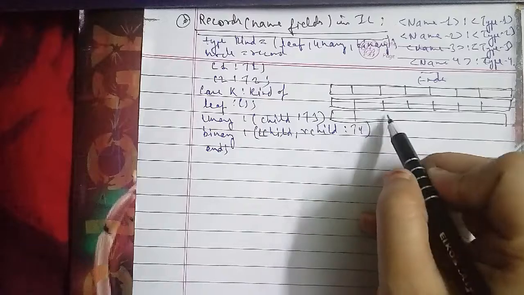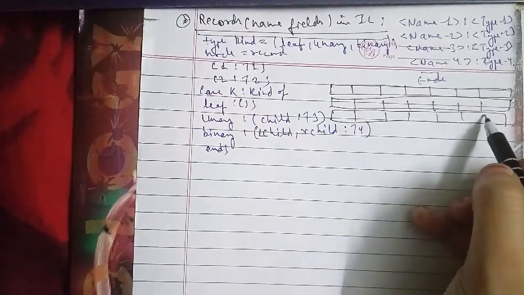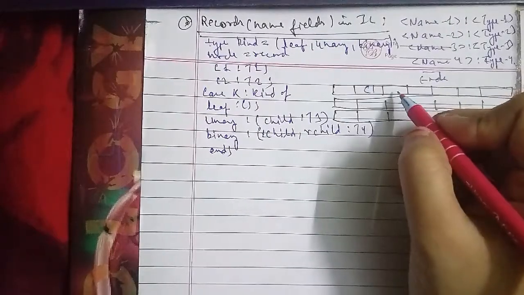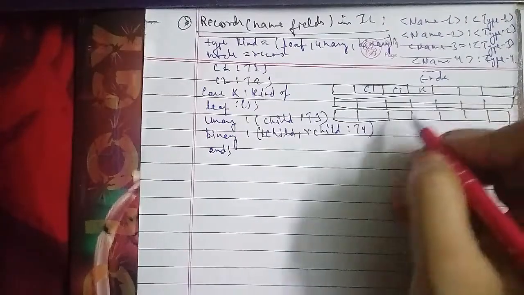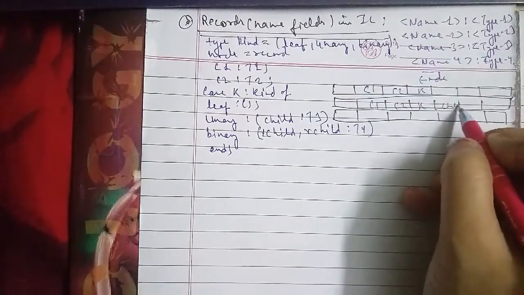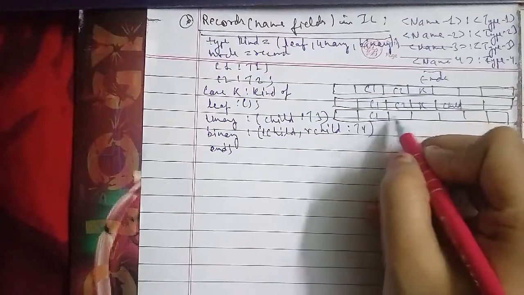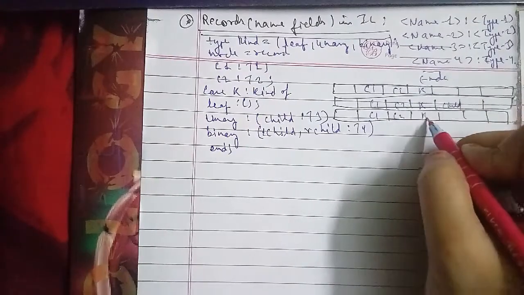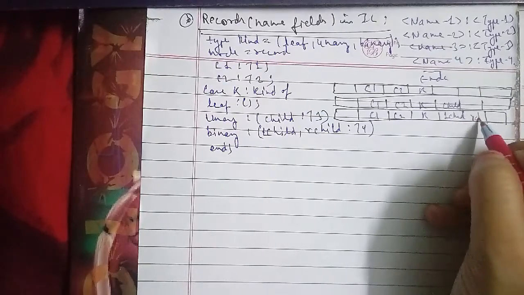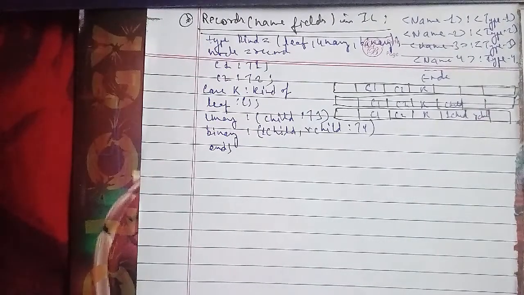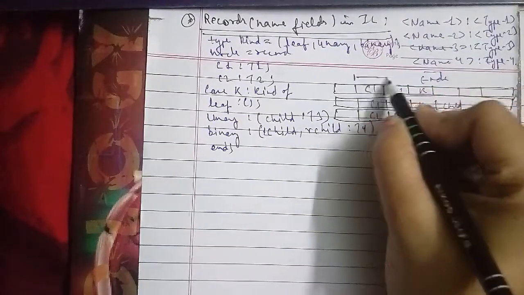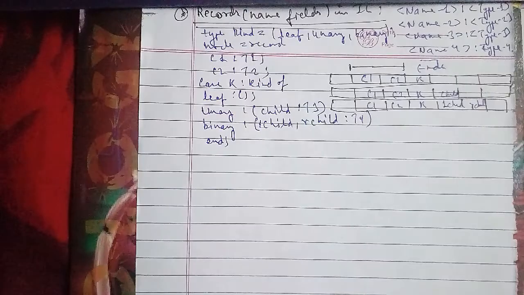In the same case, this is the fixed part, the tag field, and this is the variant part. So that comes under the variant part here.